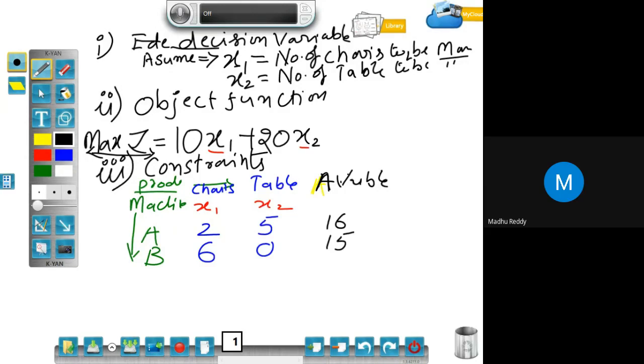Okay, so now what we will do is, 2 into x1. We are talking about machine A. 2 into x1 plus 5 into x2. The same way for machine B, 6 into x1, 0 into x2.